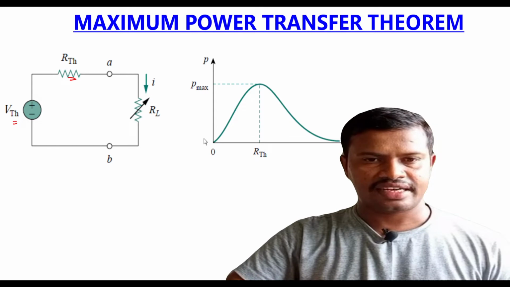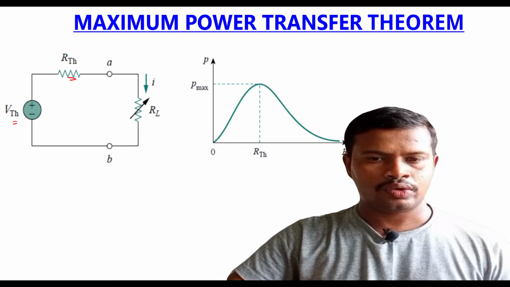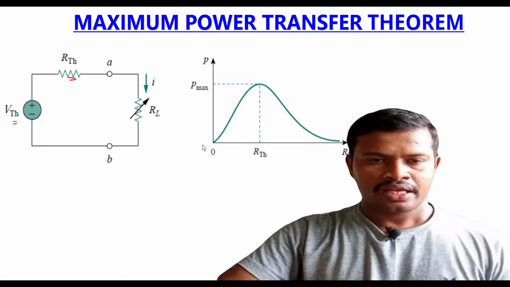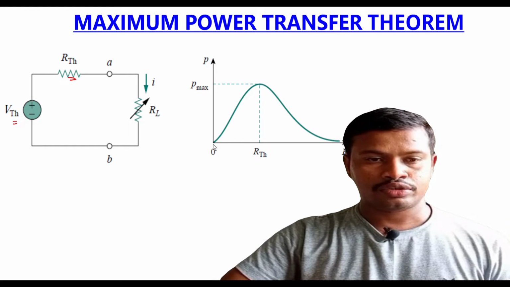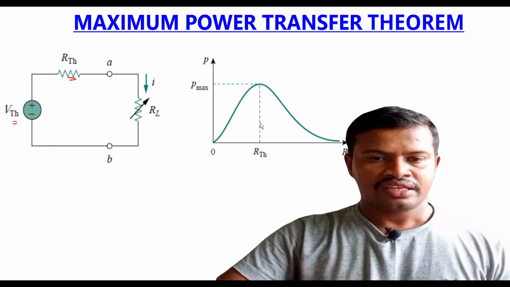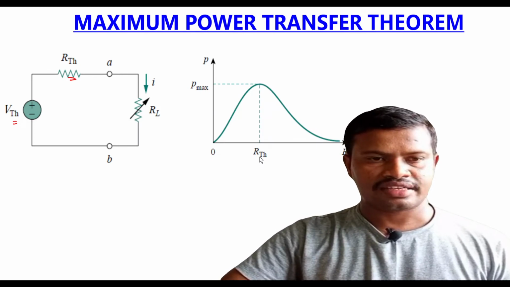Now we will see the graph. In this graph, the x-axis is the load resistance and the y-axis is the power. The power delivered to the load resistance increases until the load resistance value is equal to the source internal resistance.